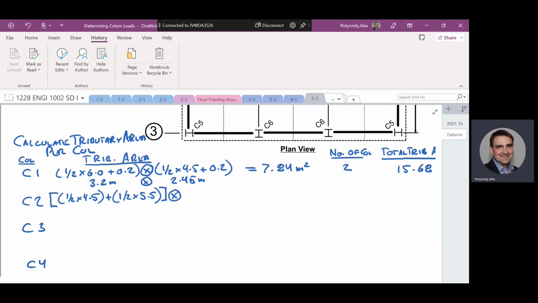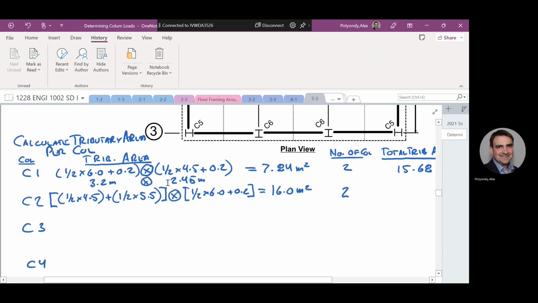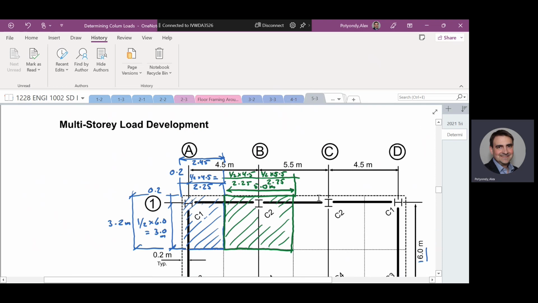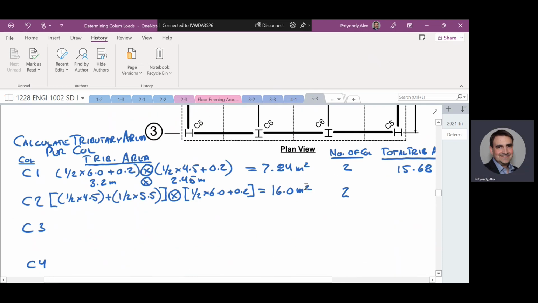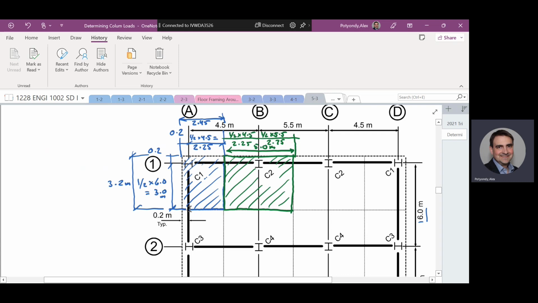And I'm going to multiply that by 1/2 times 6 plus 0.2. And that's going to equal 16 meters squared. How many C2s do I have? Well, there's 2 of them. So 2 C2s here and here. So that's going to be 32 meters squared. Okay. So now we've been able to solve for column C1 and C2 for tributary area.